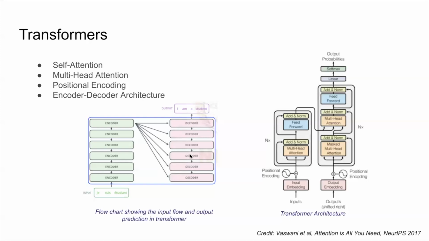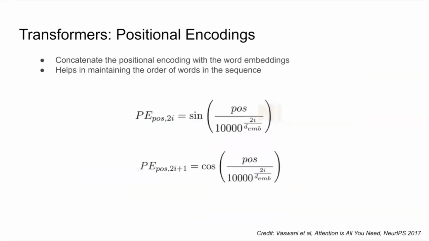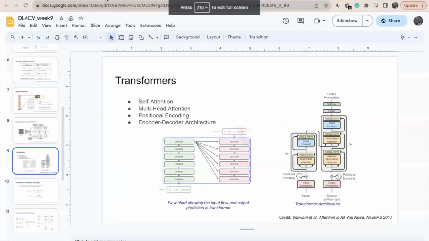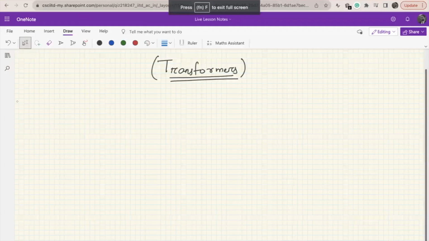So first, starting with the inputs. Since it was a text-based paper, the inputs to a transformer would be text, and text can be changed to embeddings. So let's start with the live notes.